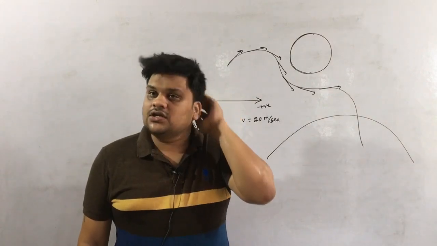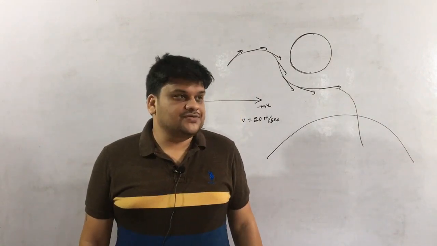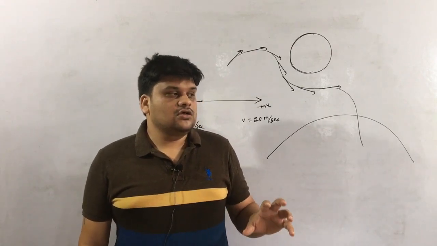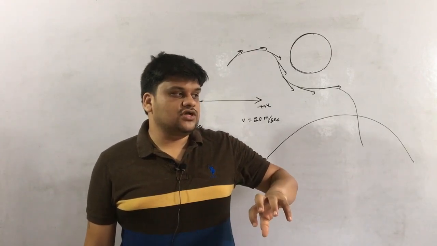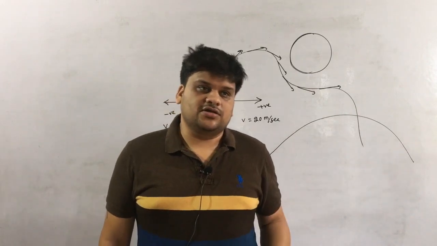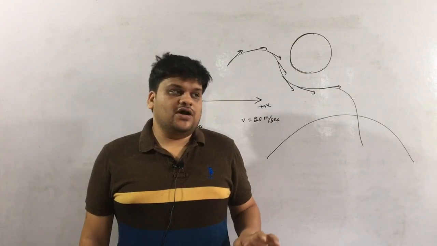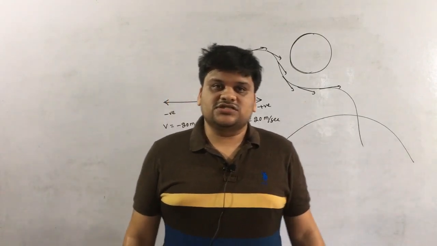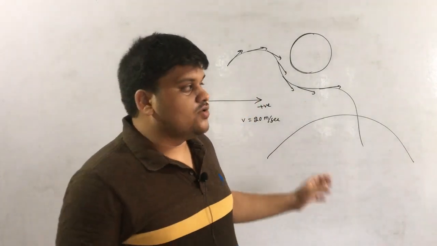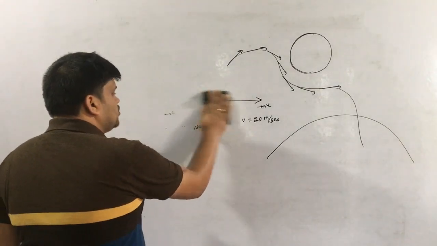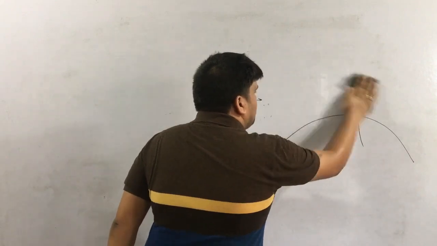You will also learn this in mathematics in class 12, but here we will learn scalar and vector in a physical way, meaning whatever part will be required in physics to describe motion in a plane, we are only going to deal with those parts. So let us come to the topic, that is scalar and vector.